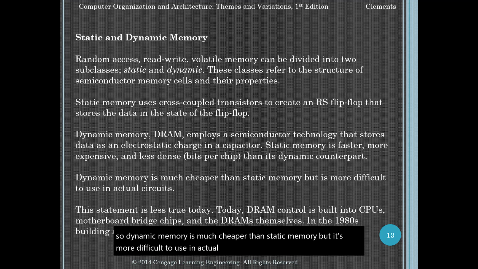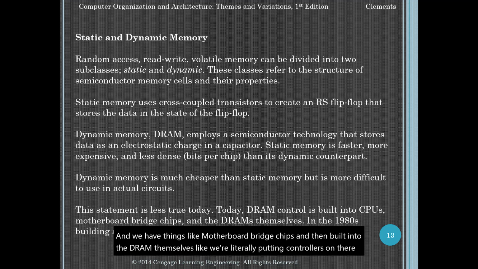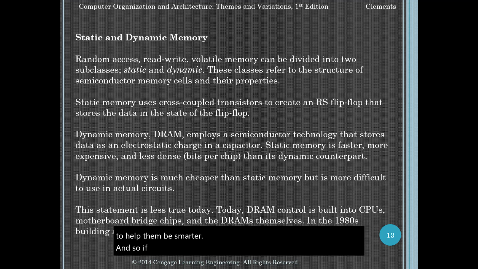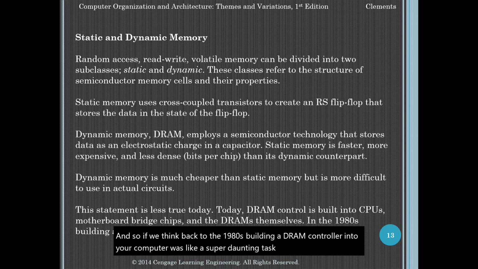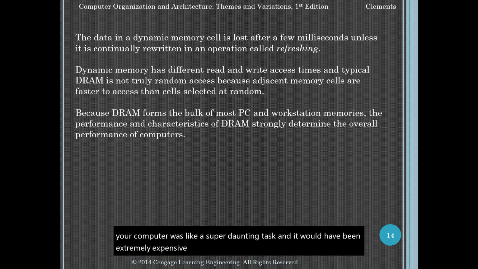Now, as we progress, that statement is less true today than it was in the past, because nowadays DRAM control is built into CPUs, and we have things like motherboard bridge chips and then built into the DRAM themselves, like we're literally putting controllers on there to help them be smarter. And if we think back to the 1980s, building a DRAM controller into your computer was a super daunting task, and it would have been extremely expensive and really wouldn't have been something people did.